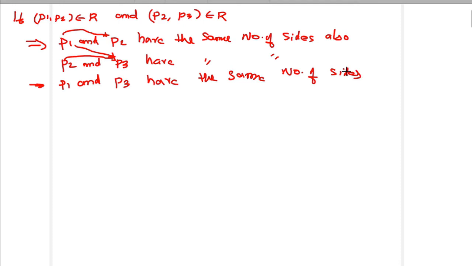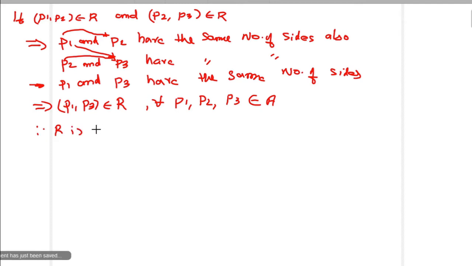This implies (P1, P3) belongs to R for all P1, P2, P3 belonging to our set A. Therefore R is a transitive relation.